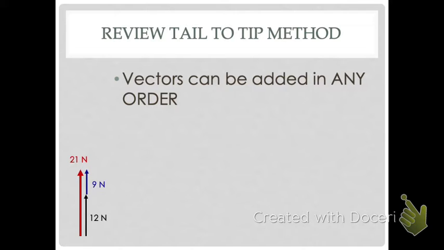Because if I were to start here, walk east, then walk north, and end up at this spot, I could walk north the same distance and east the same distance and still end up in that spot, right? It does not make a difference the order in which my vectors go, okay? So that's one thing about vector addition. They can be done in any order.